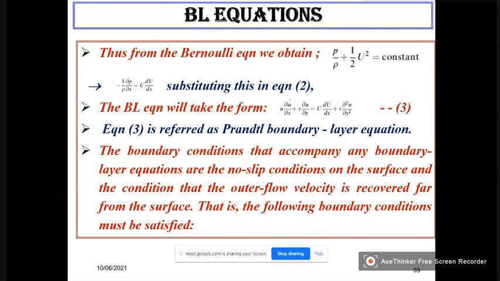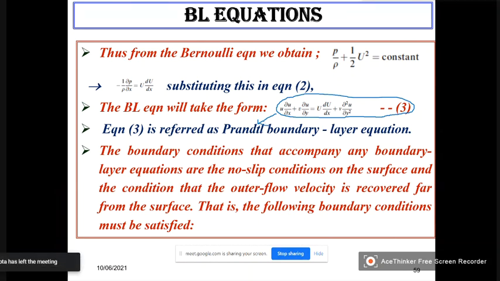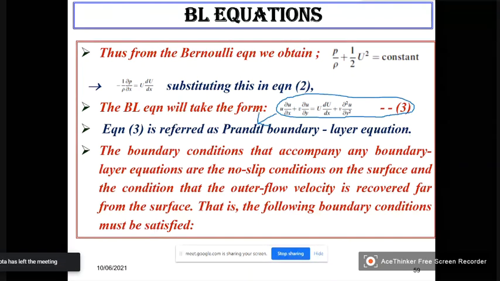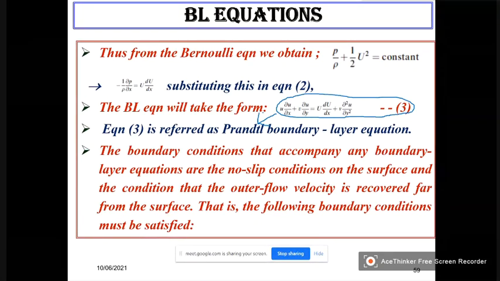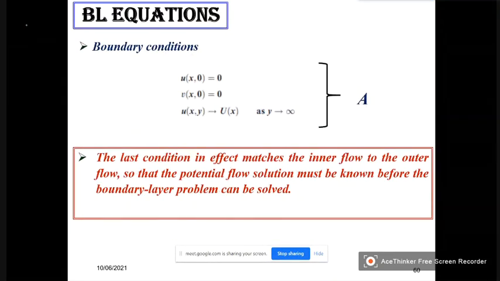This equation is the one which you are going to consider, and it is called Prandtl's boundary layer equation. This equation is to be solved using these boundary conditions.